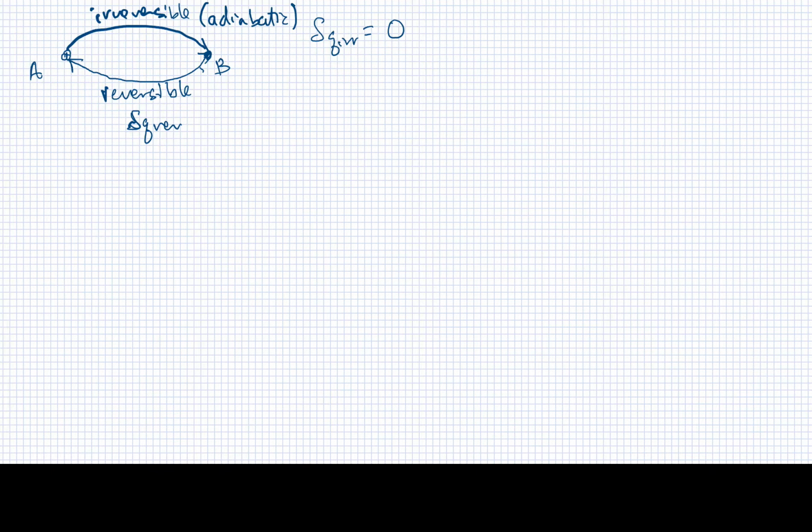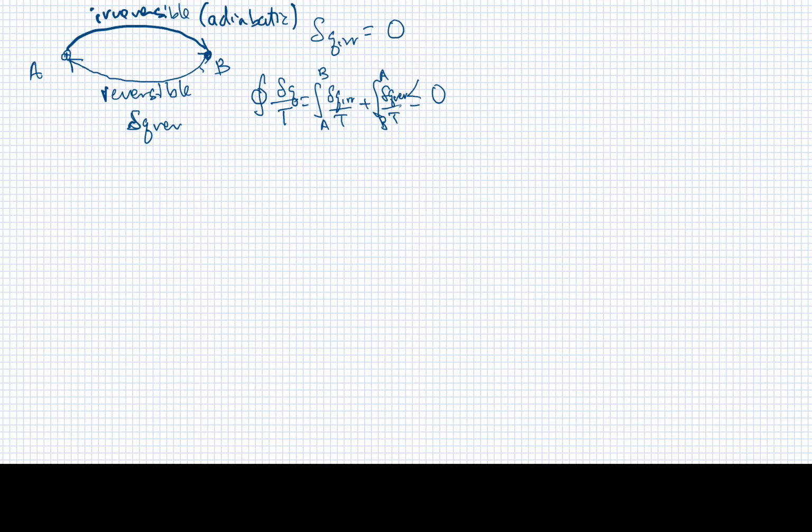Now, if I were to evaluate the incremental change in heat going not only from A to B, but then back to A again, I already know that thing is going to be less than or equal to 0. But I could also say that this thing is equal to the change from A to B of my irreversible heat over temperature, plus my change from B back to A of my reversible heat over T.